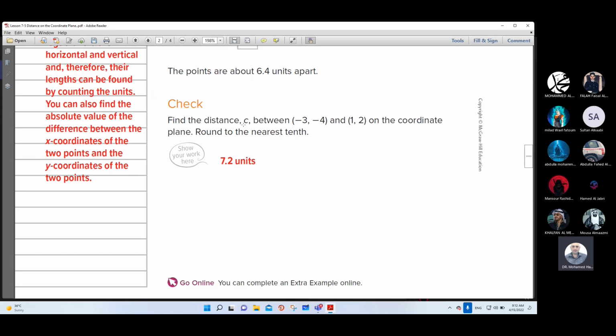Right, listen here. Find the distance C between (-3, -4) and (1, 2) on the coordinate plane, rounded to the nearest tenth. So at first, we want to draw a coordinate plane. This is the x-axis, and here the y-axis.